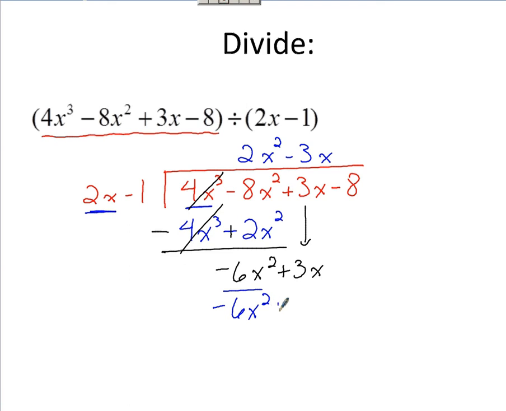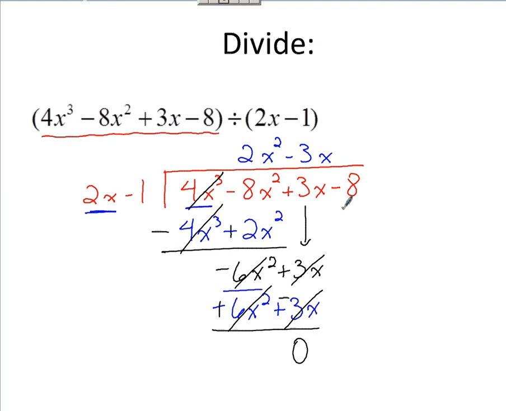Since it's a negative 1, it'll be plus 3x. Okay, this one's kind of interesting because now, if you subtract it out, you're changing these signs as you subtract it out. Not only do those x squared terms cancel out, but the x's cancel out as well. Meaning we've got nothing here.